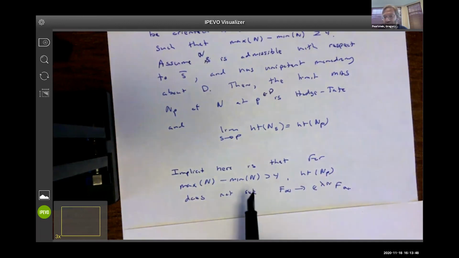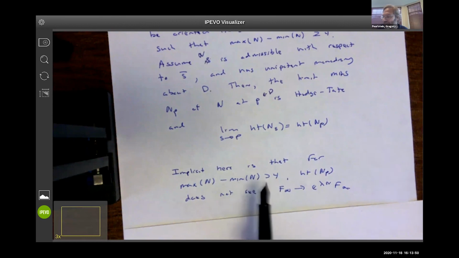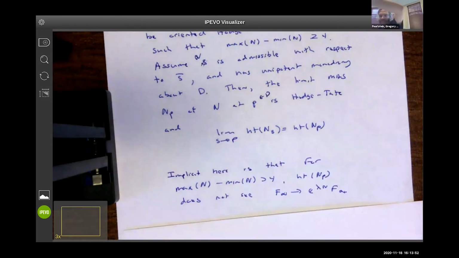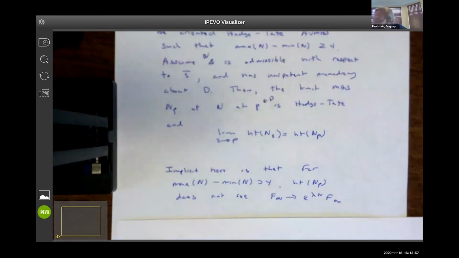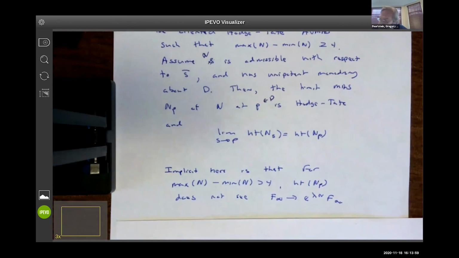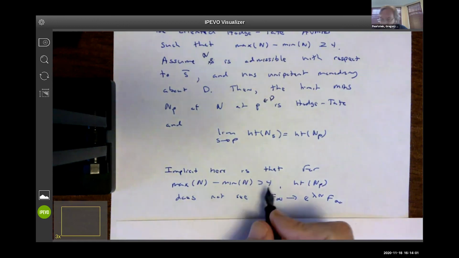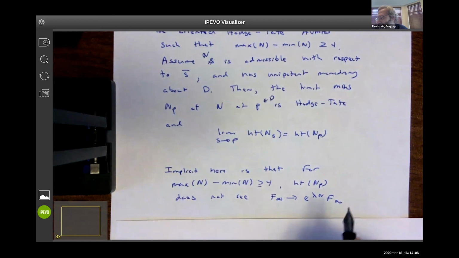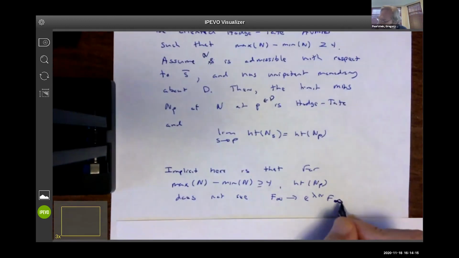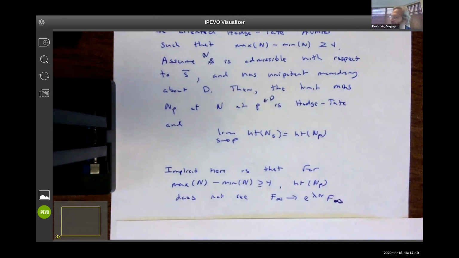And I should say it's implicit here that when the difference is greater than or equal to 4, this height doesn't actually see the change in the limit Hodge filtration going from F infinity to e to the N F infinity.